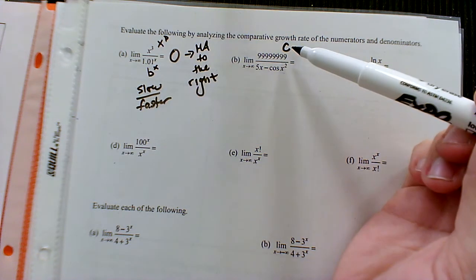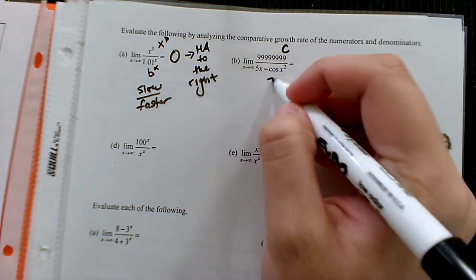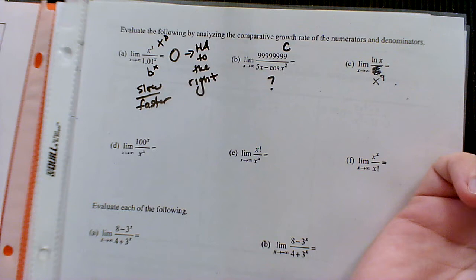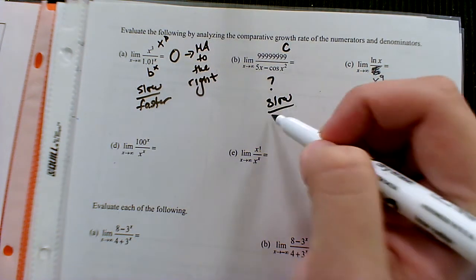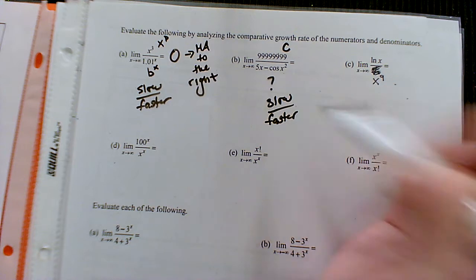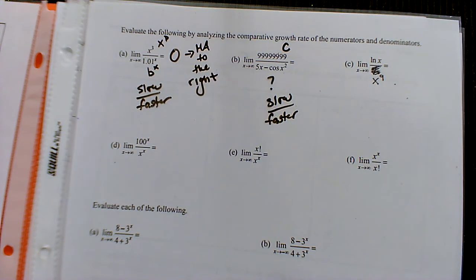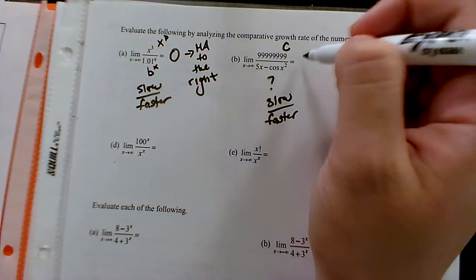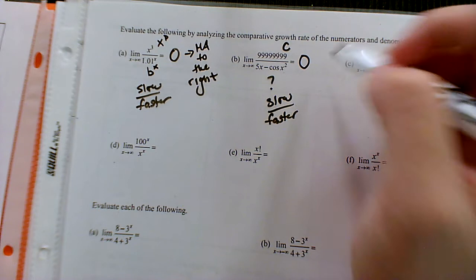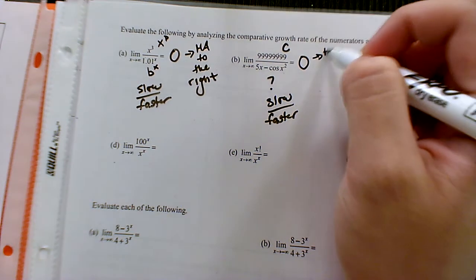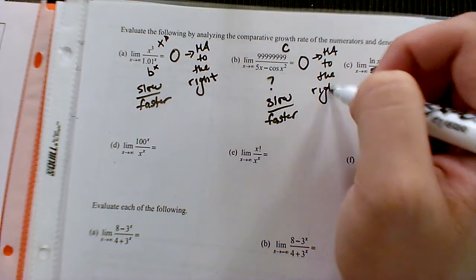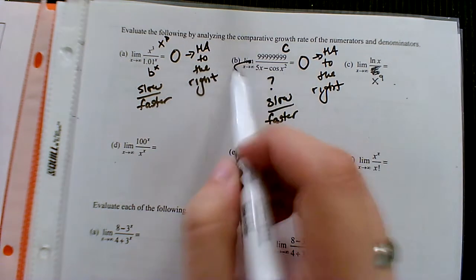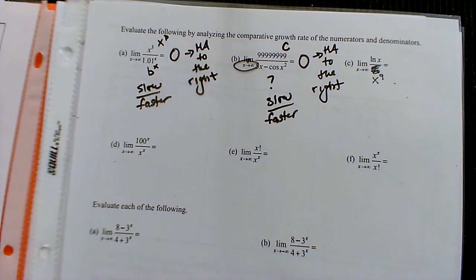No, because isn't constant the slowest growing one we have? So it might not even matter if we can determine what the bottom one is. We're going to have the slowest growing definitely over something faster. So this one would approach 0 as well. So again, we have a horizontal asymptote to the right. We were approaching the right-hand side.